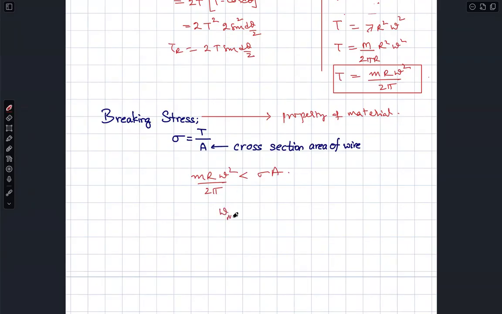So omega maximum allowed is the square root of 2 pi sigma A by m r. That's the deal.